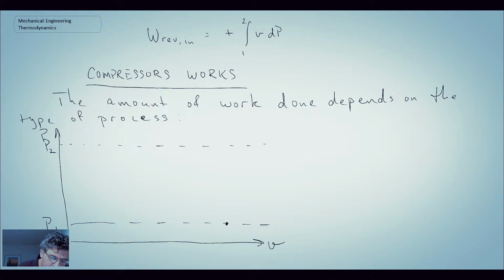And we'll start at the original state down here, state 1. First of all, we'll look at a process whereby our compressor, for example, would be wrapped in insulation. That would be adiabatic, and if it was reversible, then it would be an isentropic compression process. On the PV diagram, it might look something like this. I'll denote here, that is isentropic.